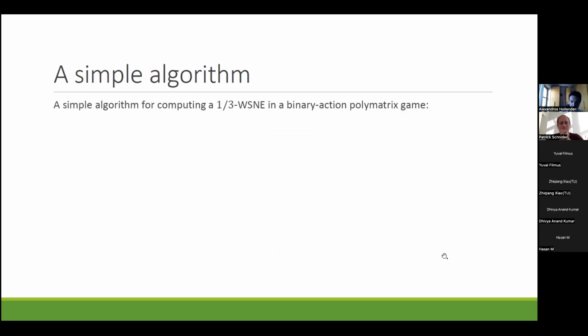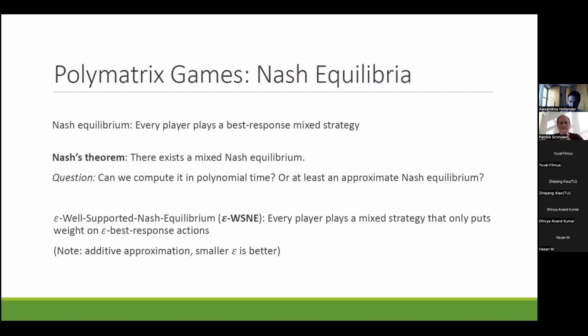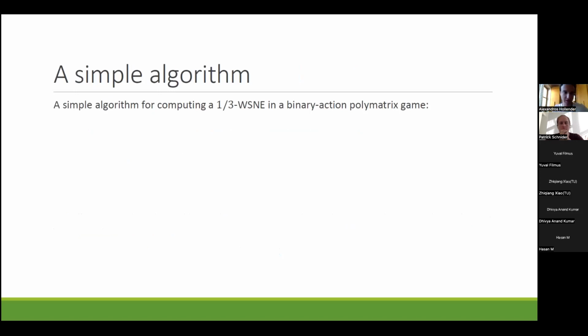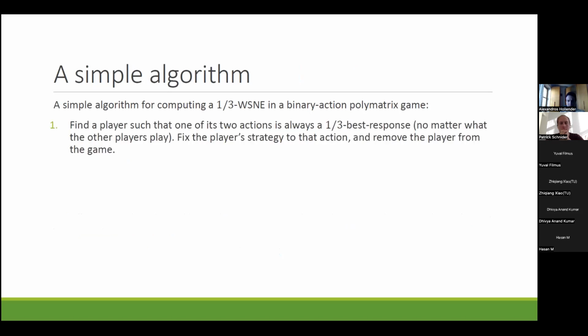People have studied this problem of computing approximate Nash equilibria. It turns out that it's not too hard to come up with an algorithm that computes a 1/3 approximation. So that solves the problem for epsilon equals 1/3. Let me briefly say what the algorithm does, because it's quite simple. The idea is you look at your polymatrix game and try to find a player such that one of his two actions, 0 or 1, is always a 1/3 best response.